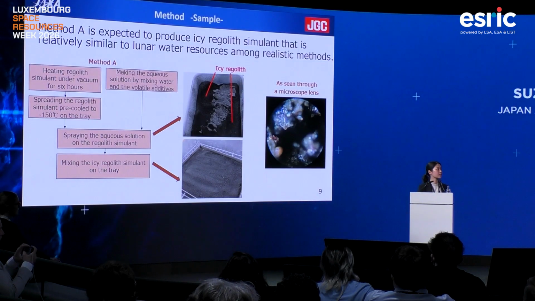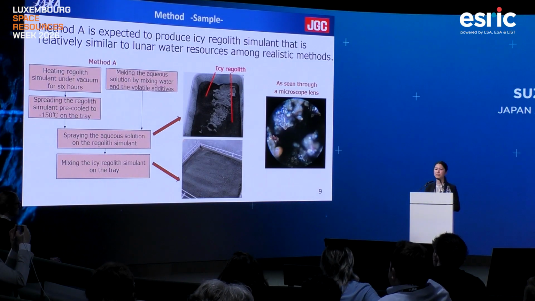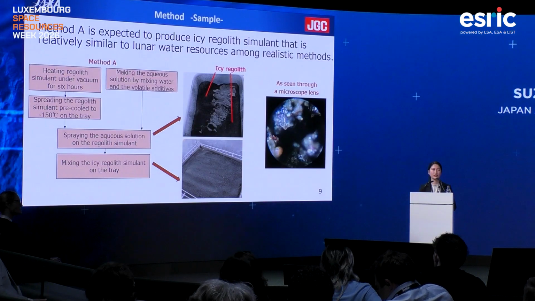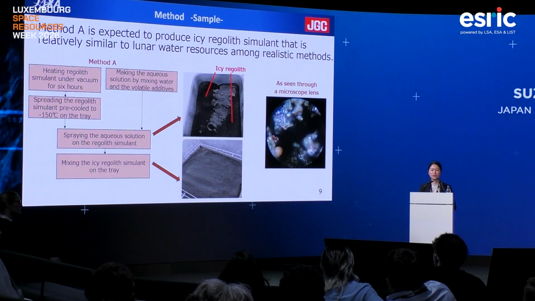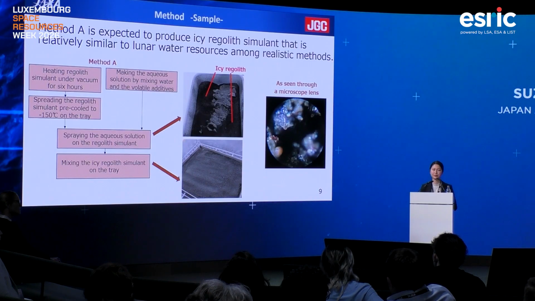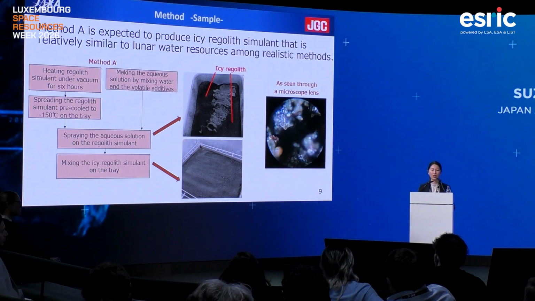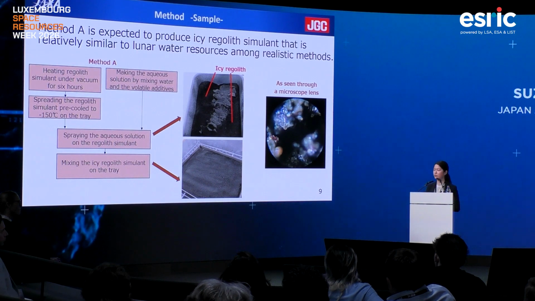So this is method A. Method A is expected to produce icy regolith simulant that is relatively similar to lunar water resources among realistic methods. The left chart shows how to prepare the samples.